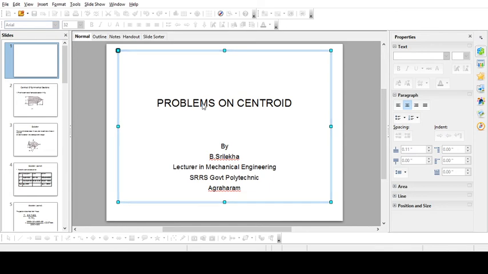So 25 plus L by 2, you'll get a value of 75. Okay. That will give next area into x term. It is 5000 into 75. It will give 3,75,000.